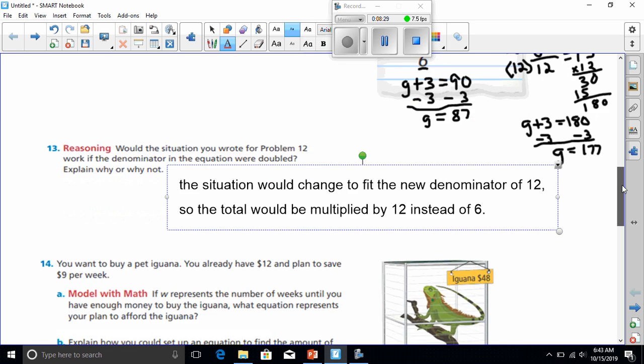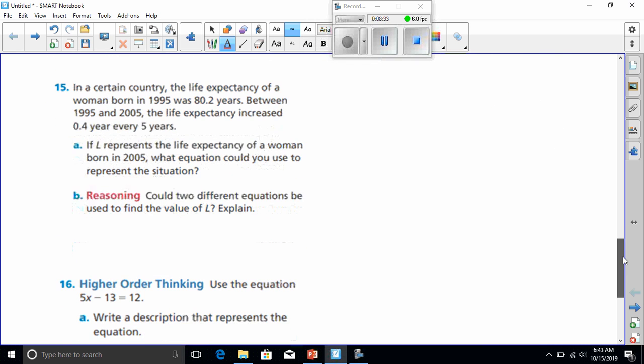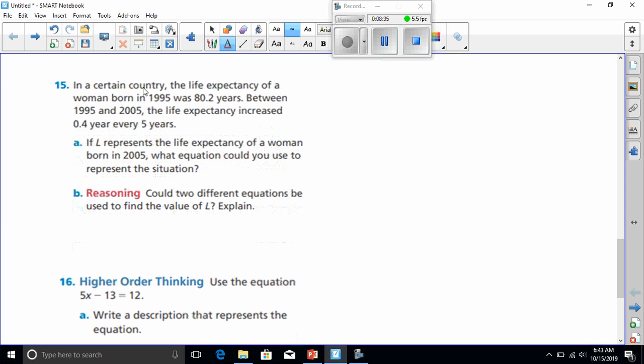Okay, so let's see. We're off to number 15 now, and we're getting close to the end. In a certain country, the life expectancy of a woman born in 1995 was 80.2 years.